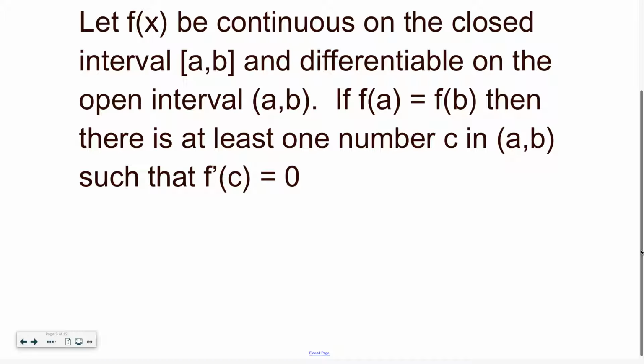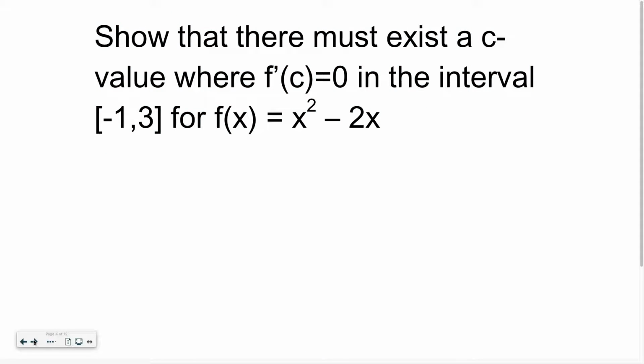I'm going to put up a problem, and I'm going to show you exactly the work that I would expect to see on Thursday, Friday test. What I would write down is f of x equals x squared minus 2x on the interval -1 to 3. Leave out the rest of the words because it's right under Rolle's theorem.